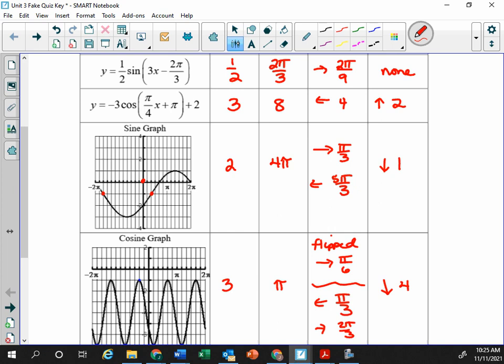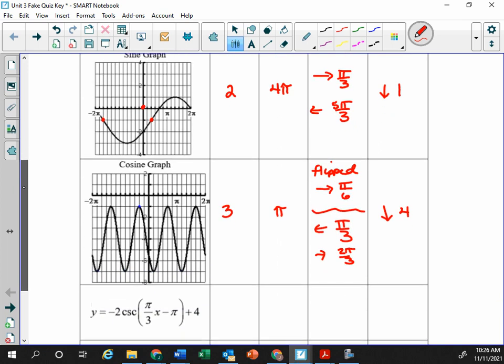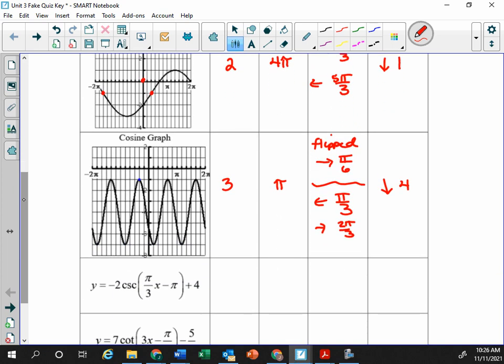Any questions on those top two? Because I'm going to scroll down. All right, now these two at the bottom, cosecant and cotangent, guys, those have asymptotes that go to infinity, right? They technically don't have amplitude.